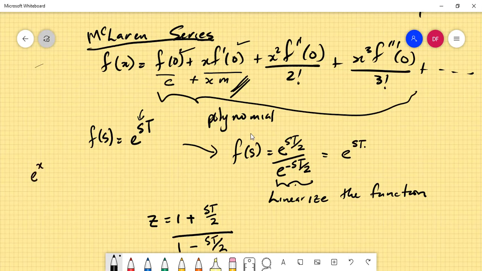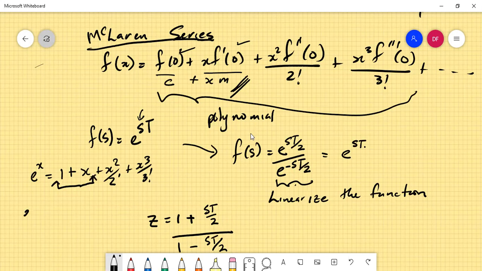Back here a little bit. When we're doing e to the x as a linear function, it's going to be 1 plus x plus x squared over 2 factorial plus x cubed over 3 factorial.